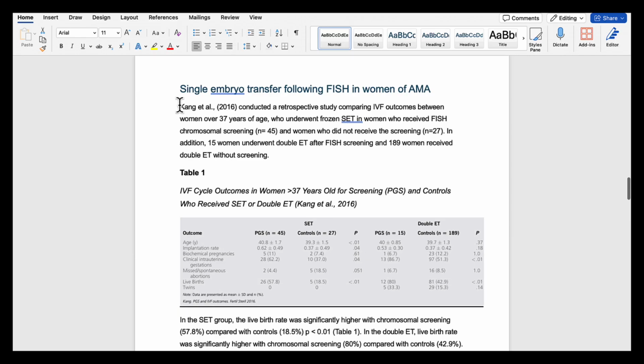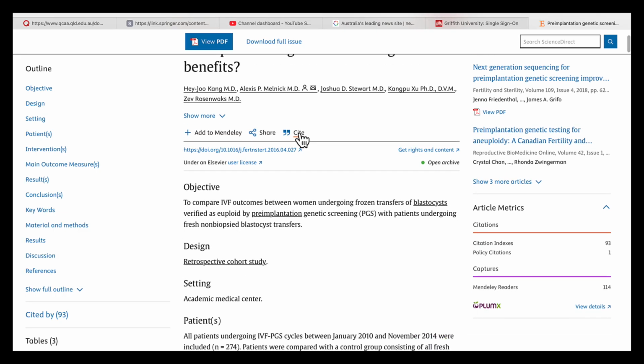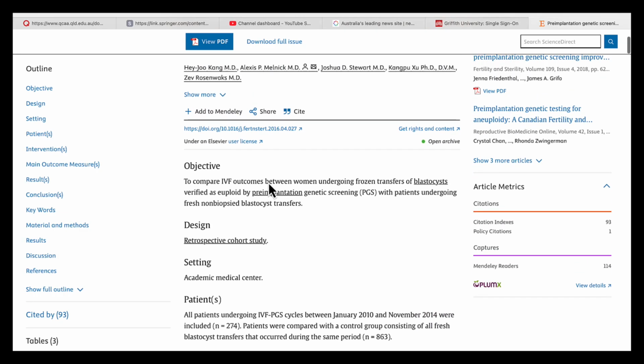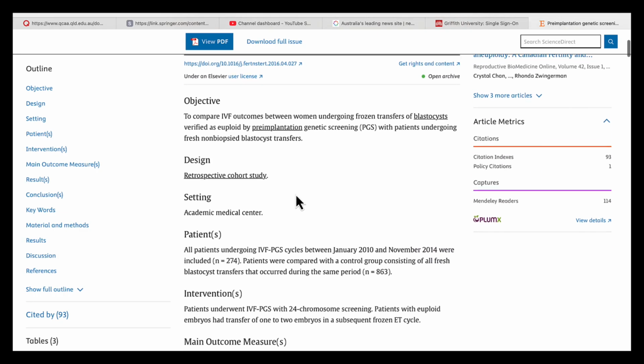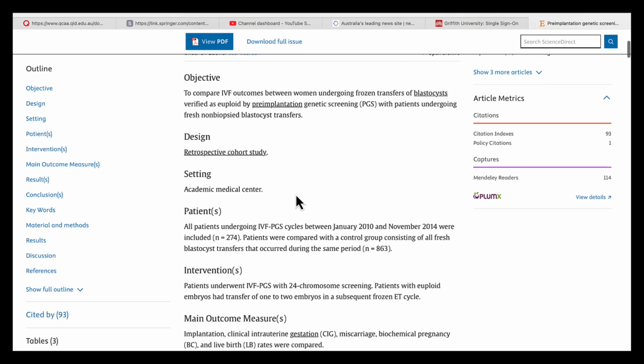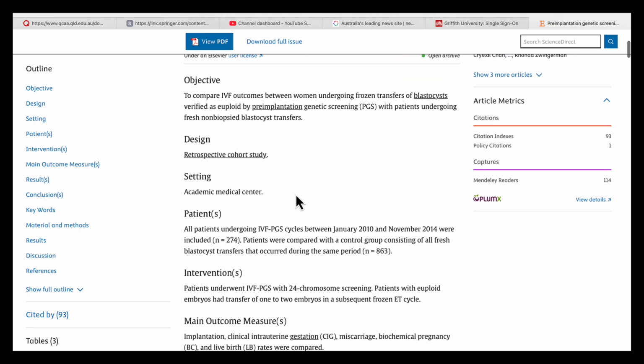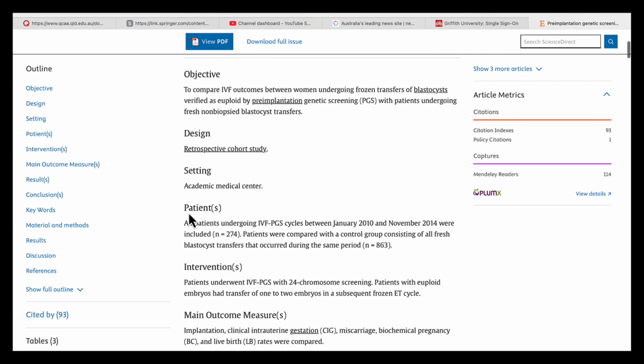Okay, so the information here that we get in terms of what the study did, you're going to get from the abstract. So you don't need to read the whole paper. Read the abstract. So here's that second paper by Kang, and you can identify everything that you need just by looking at the abstract. This one has got a number of sections.